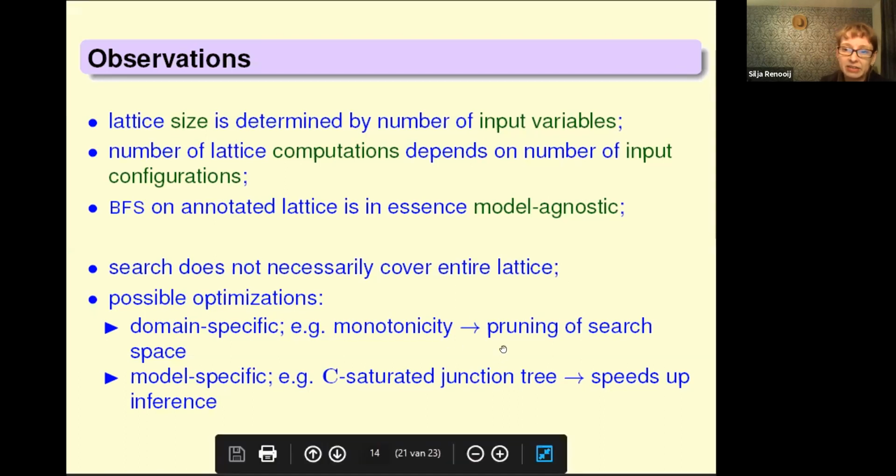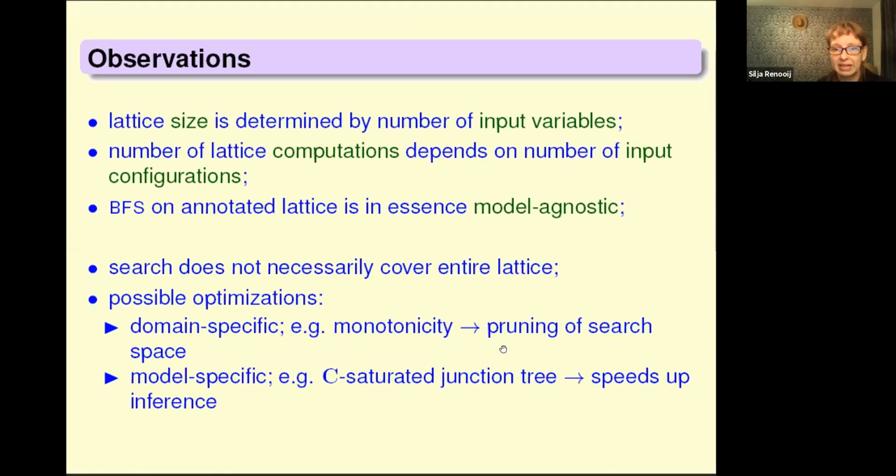And another thing is that anytime you do a call to the model that you're trying to explain, in our case a Bayesian network, you can try to do model-specific optimizations to the computations you need to do.